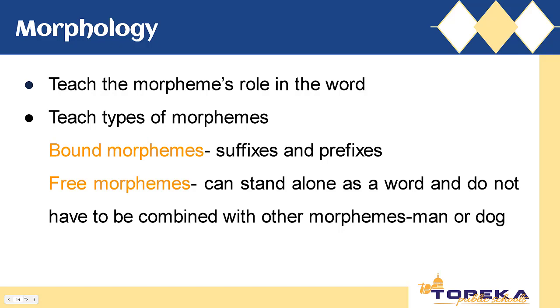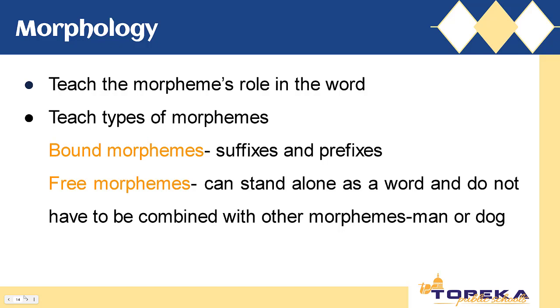We also have something called free morphemes. And free morphemes are considered base words because these can be standalone words as well. So standalone words are called free bases. And most free morphemes can be combined with affixes to form a complex word.